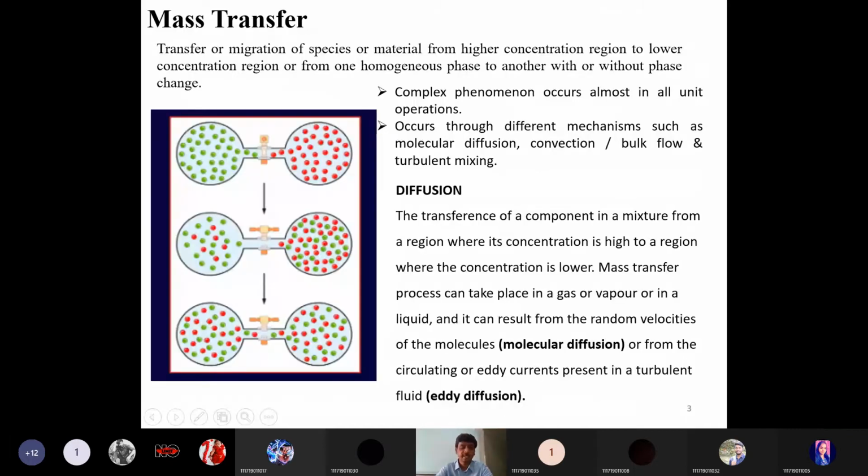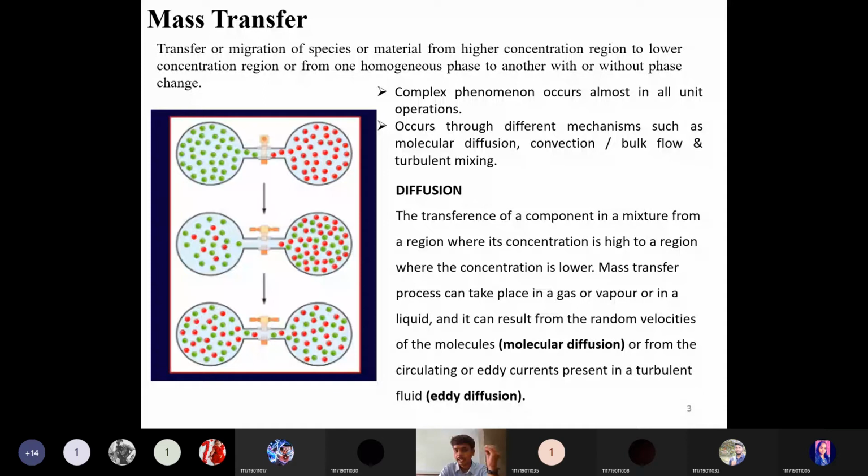Then we will study what mass transfer is first. Generally we are discussing mass transfer; the title of this course itself is Mass Transfer Operations. So what is mass transfer? It is the transfer or migration of species or material or matter from a higher concentration region to a lower concentration region, or from one phase to another phase, with or without phase change.